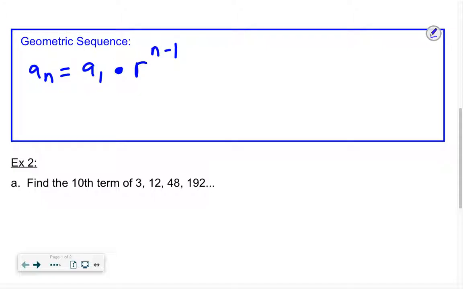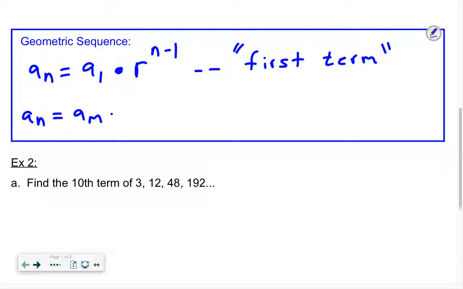Between the two of them, students like the arithmetic formula as opposed to this one because they don't have to deal with exponents, but it's the same thing. We're going to use this one if we're given the first term or if we want to solve for the first one. Then if we don't, we'll use m.